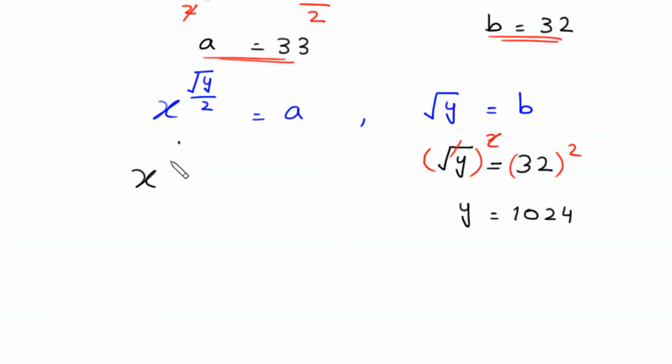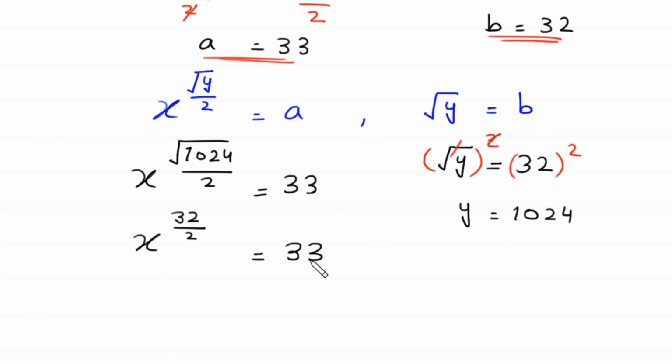x to the power square root of 1024, divided by 2, is equal to the value of a, 33. Next, x to the power square root of 1024 is 32, divided by 2, is equal to 33. Next, x to the power 32 divided by 2, 16, is equal to 33.